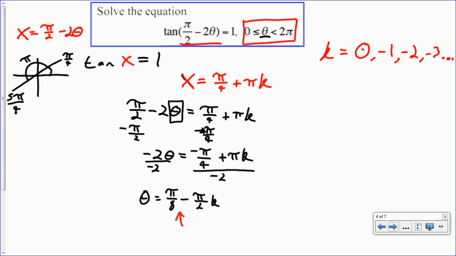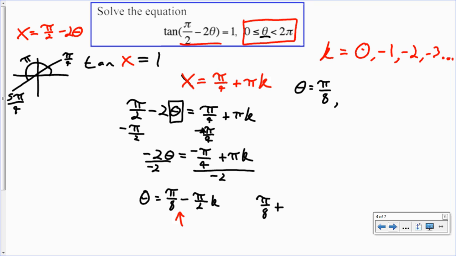So my first answer is theta is equal to, when k is 0, pi over 8. When k is 1, I'm going to have pi over 8, and now it's going to be plus because I'm using k's, they're integers.